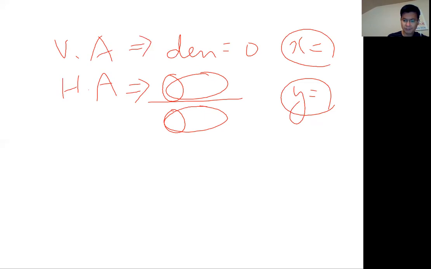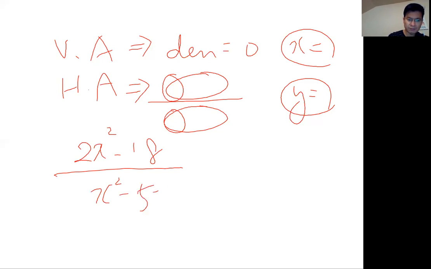So the question here: two vertical asymptotes, one horizontal asymptote. What is the horizontal asymptote for this one? As I said earlier, the horizontal asymptote uses the highest coefficients. So 2x squared minus 18, over x squared minus 5x. In this case, 2 and 1 are the highest coefficients. That's why you have to put y equal to 2, so 2 over 1.